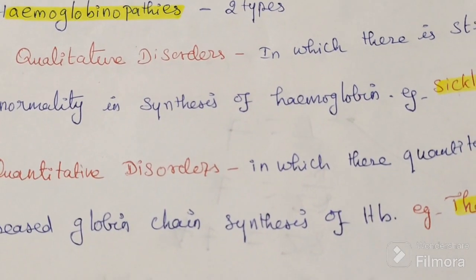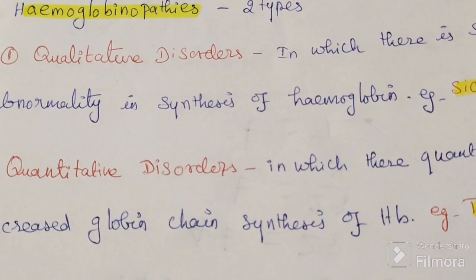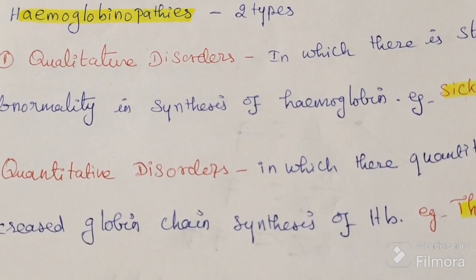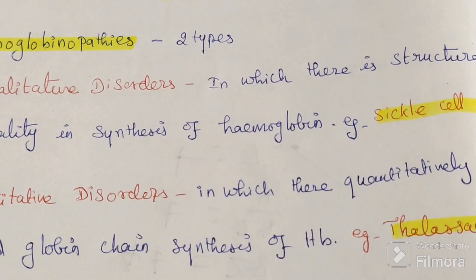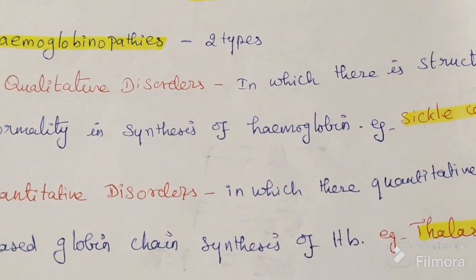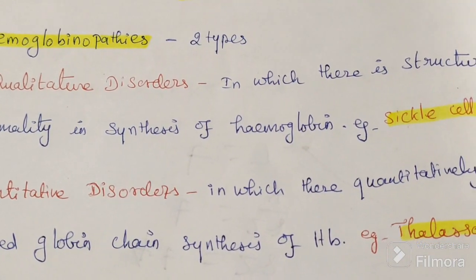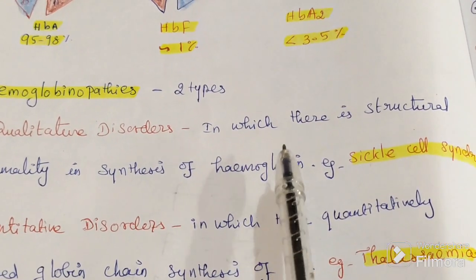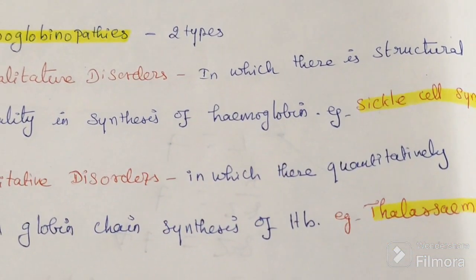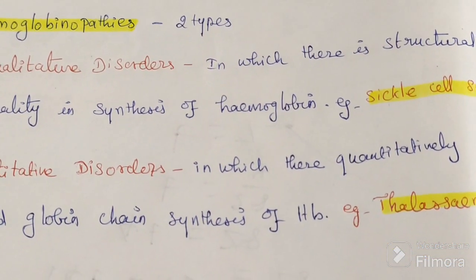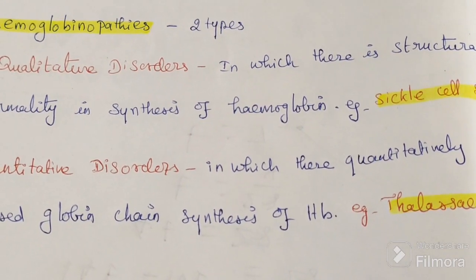In a qualitative disorder, the quality of the hemoglobin, actually the globulin chain, is not normal. There is some structural abnormality in the synthesis of globulin or hemoglobin.